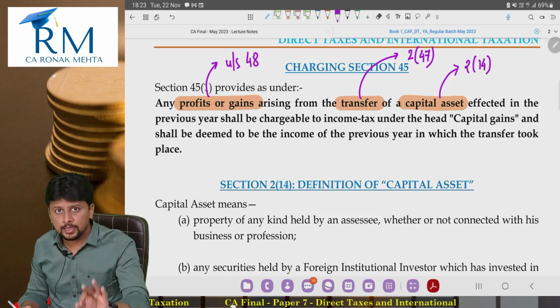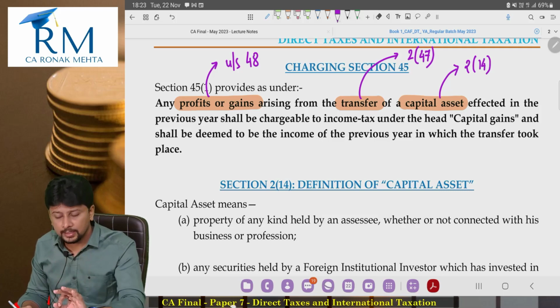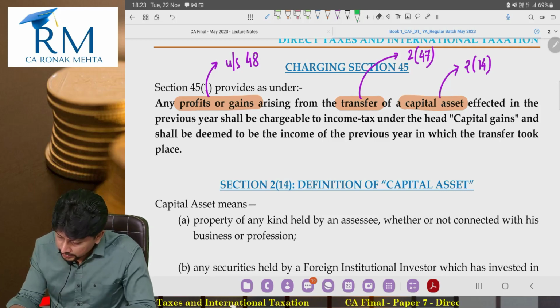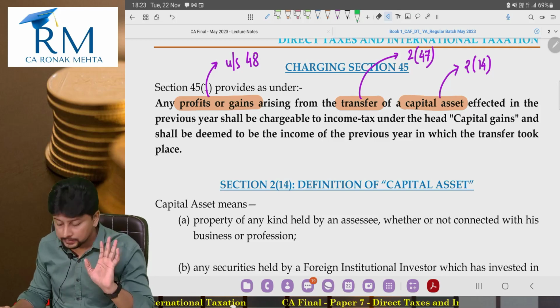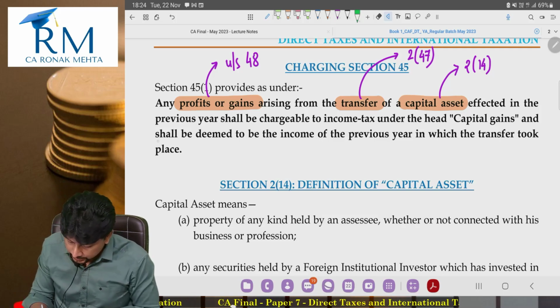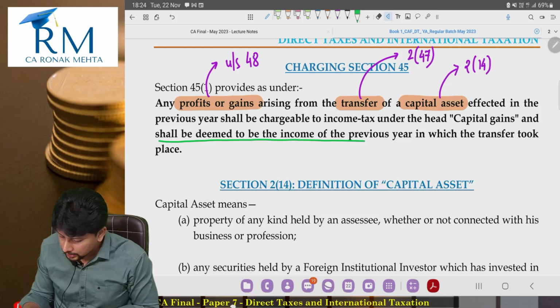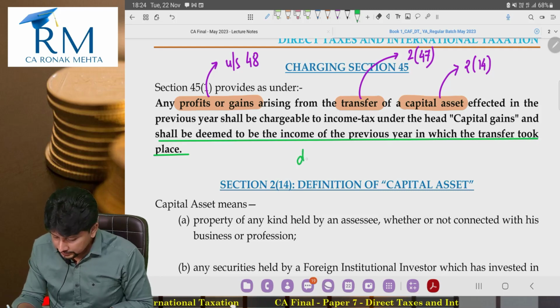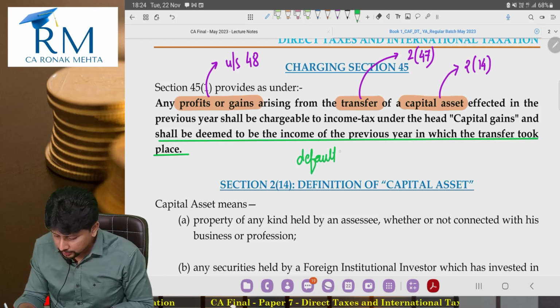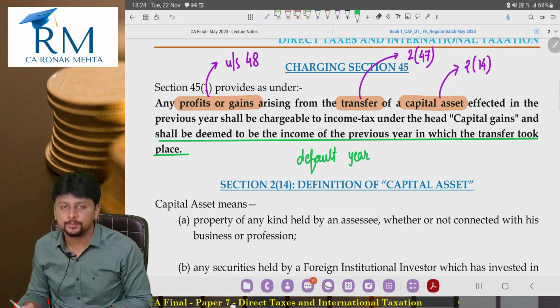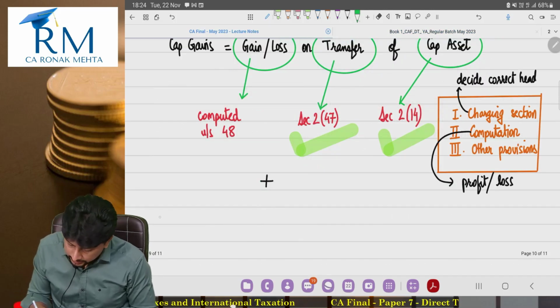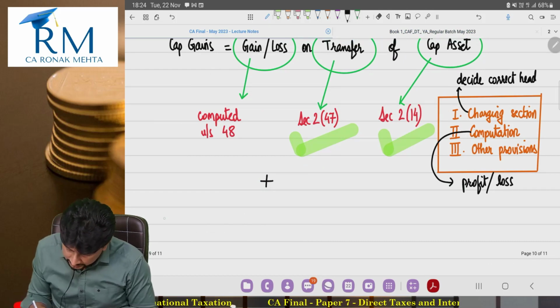Any profits or gains arising from the transfer of a capital asset effected in the previous year shall be chargeable to income tax under the head capital gains and shall be deemed to be income of the previous year in which the transfer took place. This is the default year of taxability. The default year of taxability is the year of transfer.